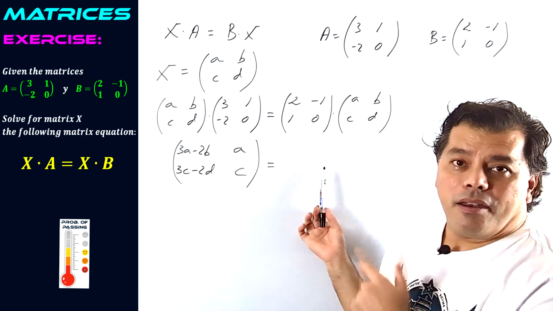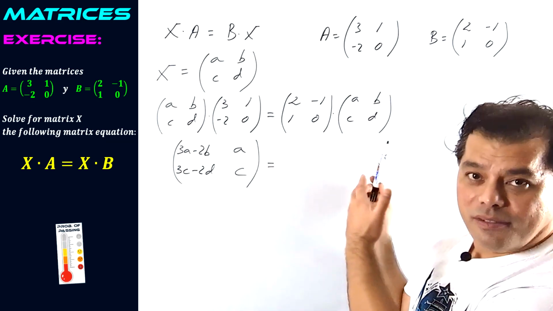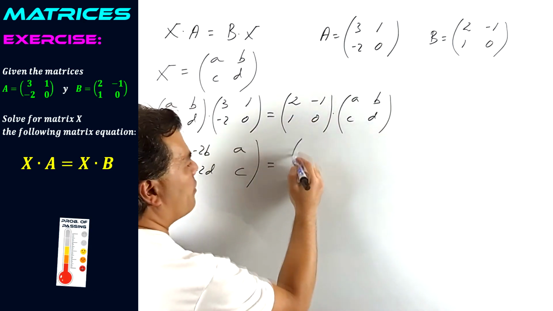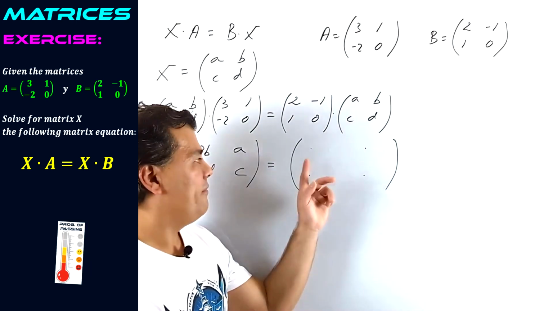Got it? Now we are multiplying on the right side, and the result of multiplying these two order 2 matrices will be another order 2 matrix. Let's do it together.